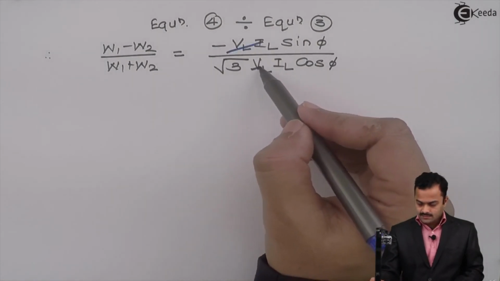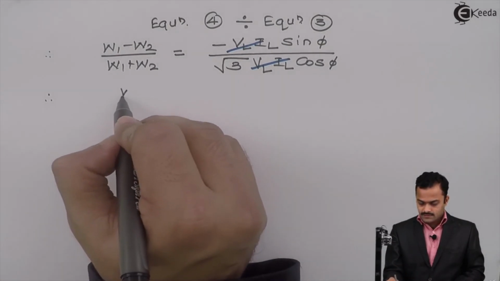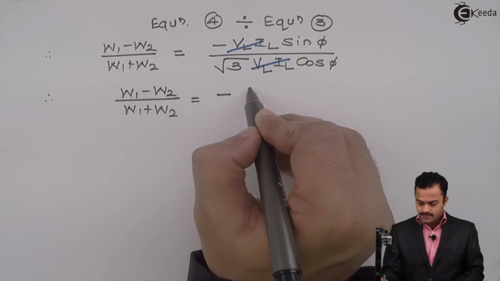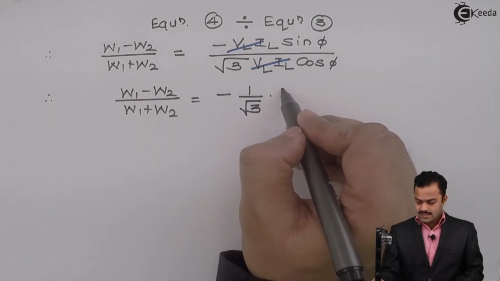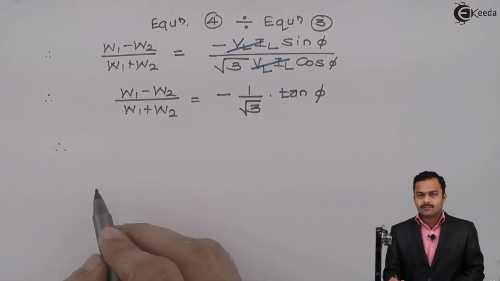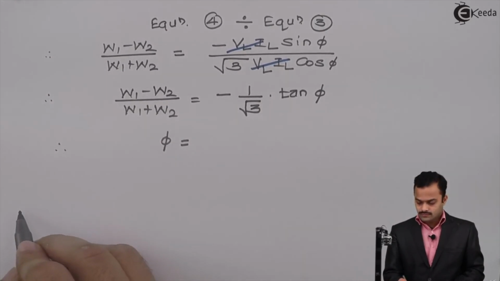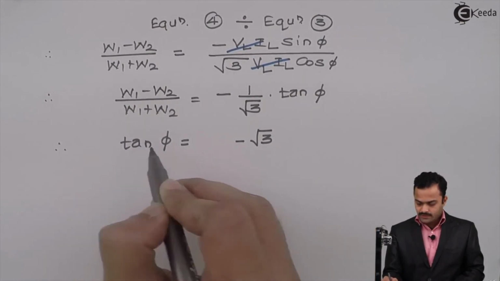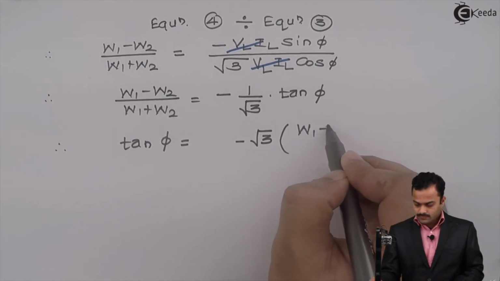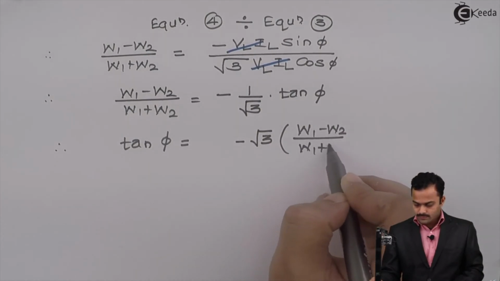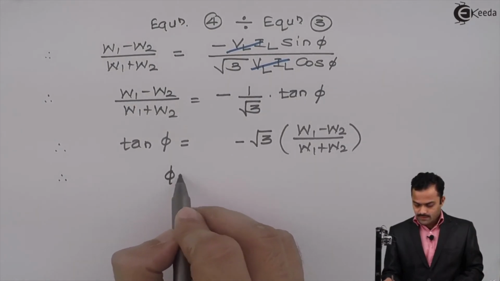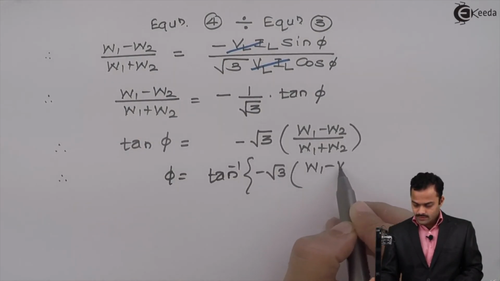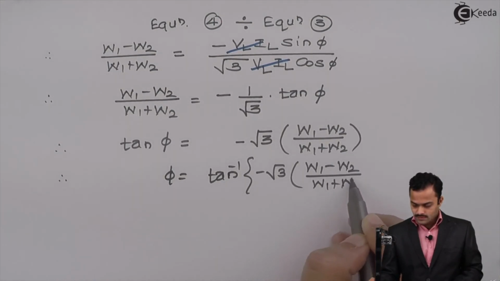Here I can cancel VL IL. So what I will get is W1 minus W2 upon W1 plus W2 equal to minus 1 by root 3 sine upon cos, which is tan, and further simplification will give you tan phi equal to minus root 3 in bracket W1 minus W2 upon W1 plus W2, and from this phi is nothing but tan inverse of minus root 3 bracket W1 minus W2 upon W1 plus W2.